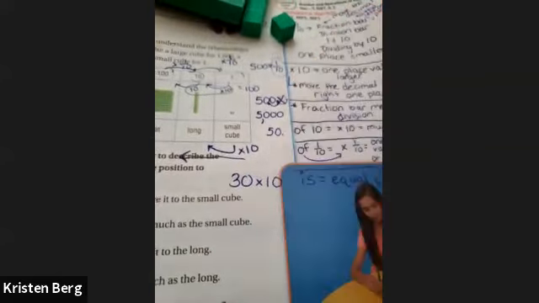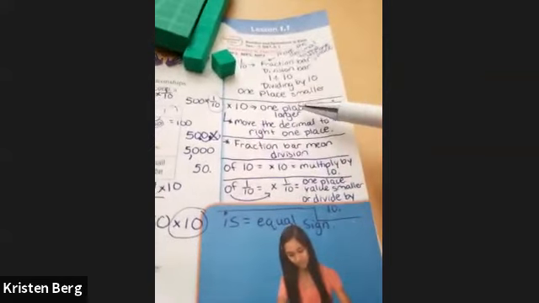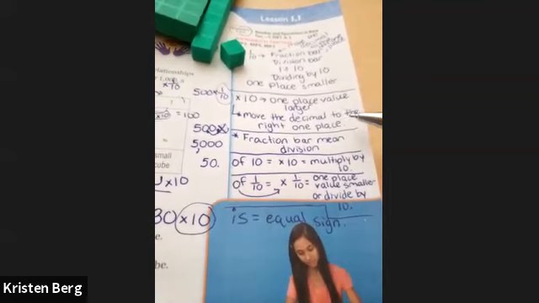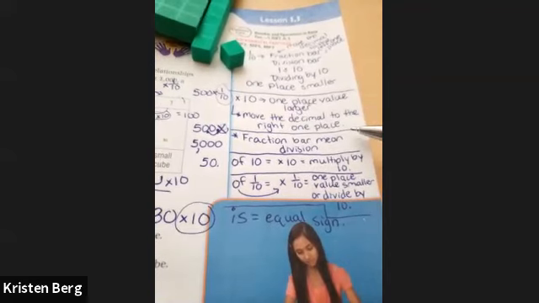Now, I'm going to give you another one that is going to show you something that is larger. So I'm going to do 30 times 10. Well, remember, times 10 is telling you actually over here is you're going to make that number bigger by one place, or you're just going to move the decimal to the right.